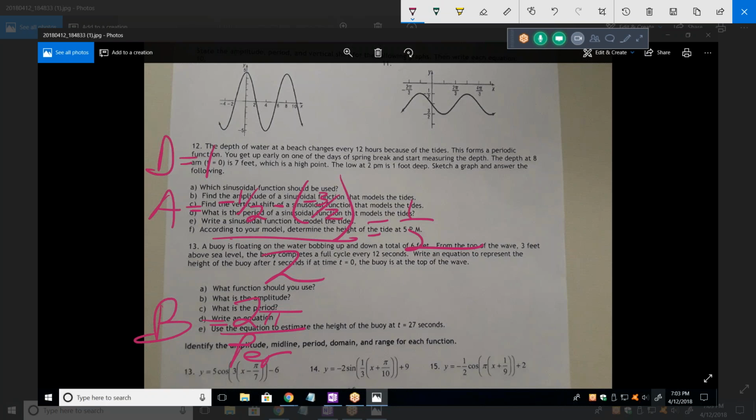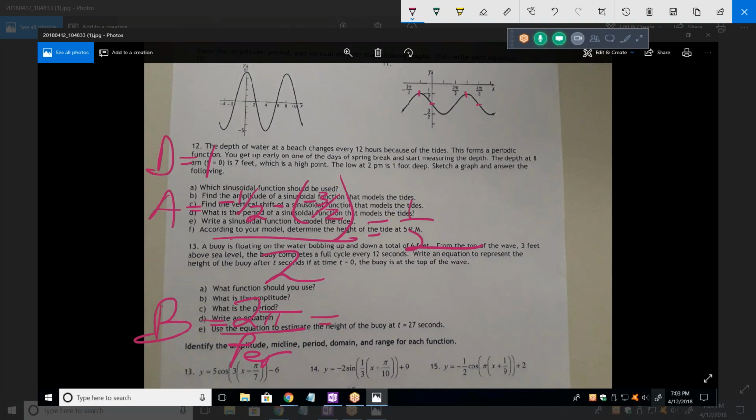Now you can do this a couple of ways. You can go from there to there, but it's actually a little bit easier to read the values if I go from there to there. What is the period if I go from here to there? 4 pi over 3. Correct.